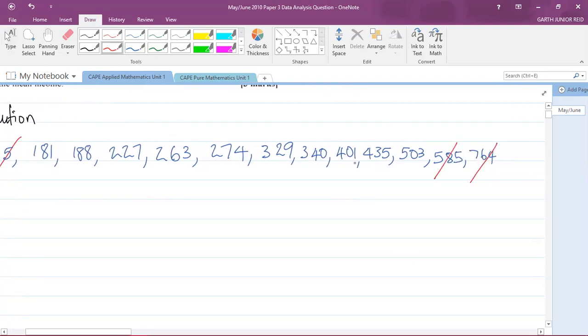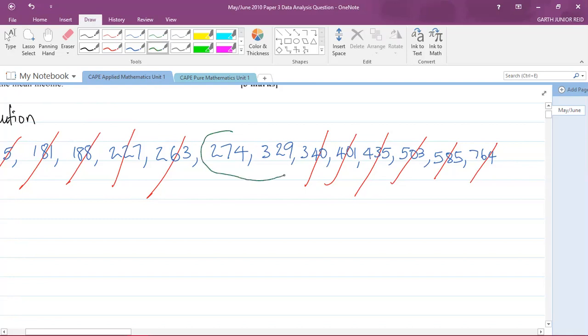One value above, one value below, and so on. You can see that here we have 2 values remaining.